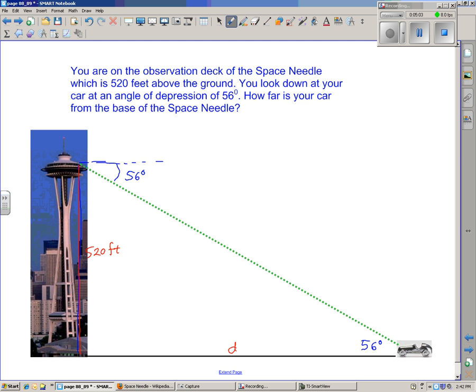Well, I could write a ratio. That is 520 divided by d. What is that? That's the opposite over the adjacent. That is the tangent of 56 degrees.